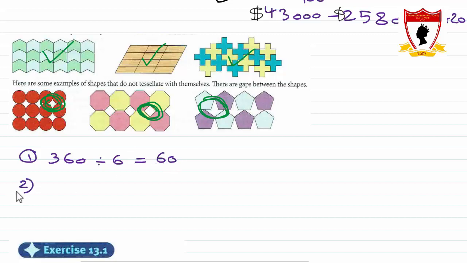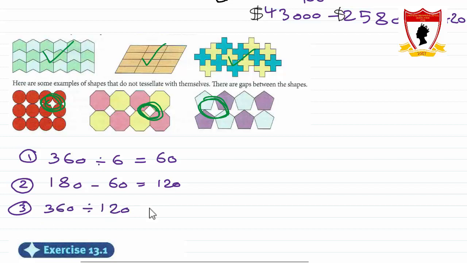Step 2 is always 180 minus the result of step 1, that gives 120. Step 3, 360 again, divided by the result of step 2. If you got a whole number here, it means you have tessellation. If you got a decimal number in this step, it means it's not tessellation.